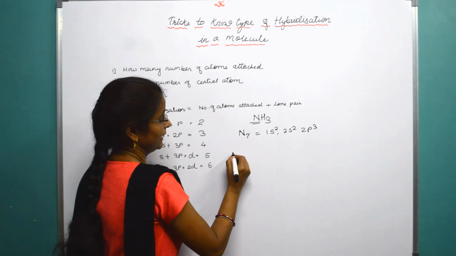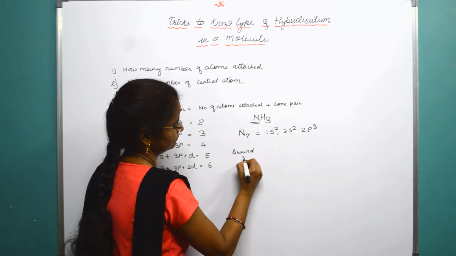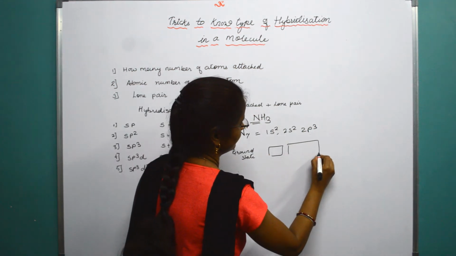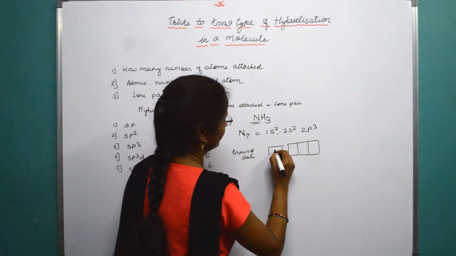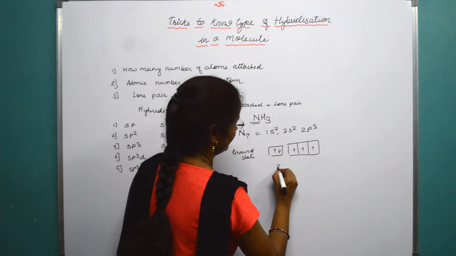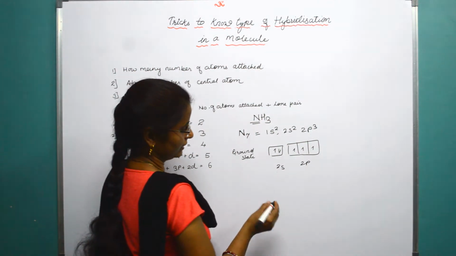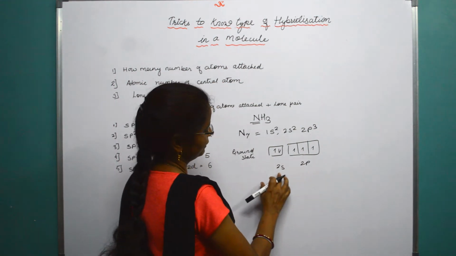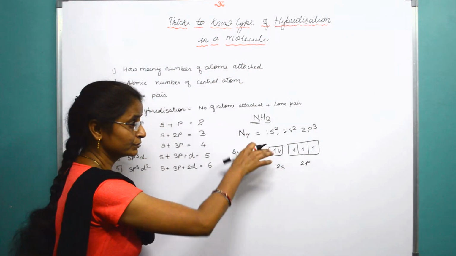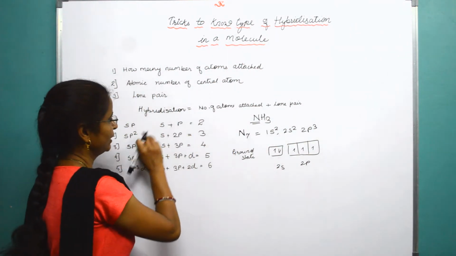Now in the ground state, 2s and 2p. How many orbitals are available? 2s and 2p. If you want to know the hybridization in NH3, use this formula.